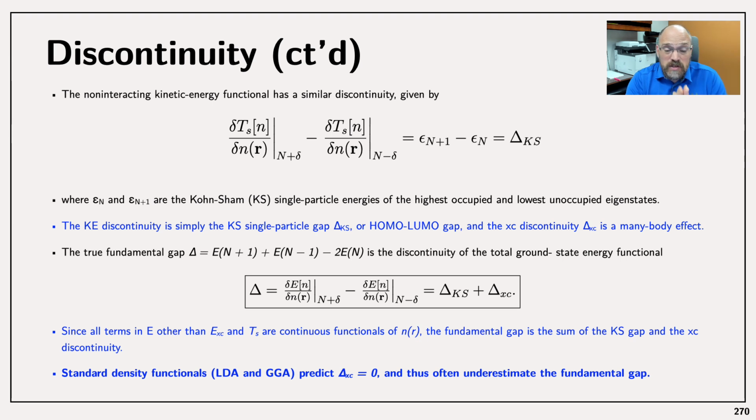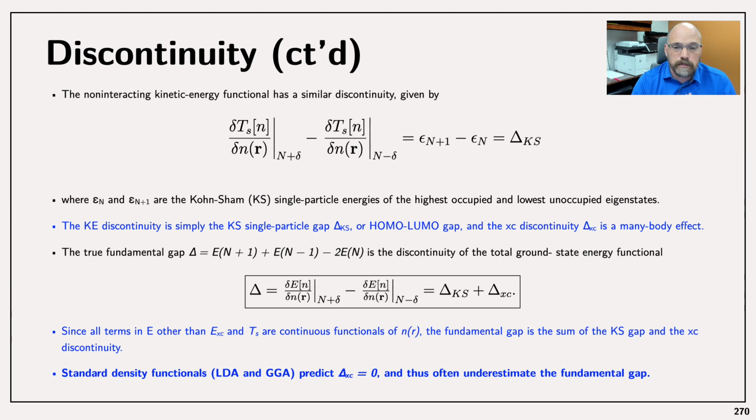This is essentially the main thing that you have to remember, and I want to show you. I think it is so illuminating. I think it takes a little bit of time to wrap your head around this, but this is really the mistake that we make, missing out this derivative discontinuity.